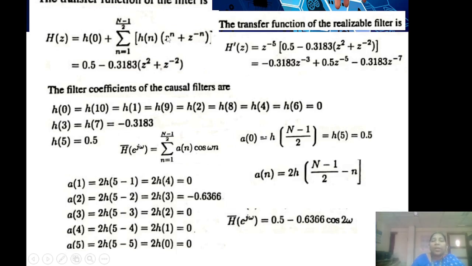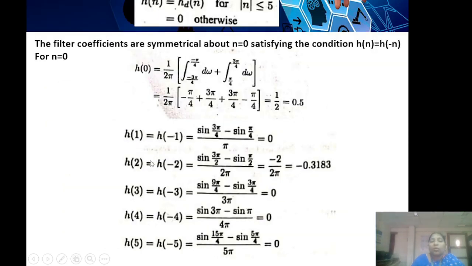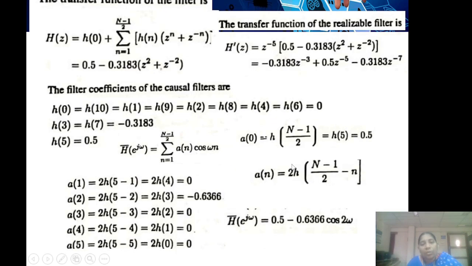Before expanding, you can see that all the h(n) values are 0 except h(2), so we take that alone: -0.3183(z^2 + z^-2). You get a simplified transfer function.